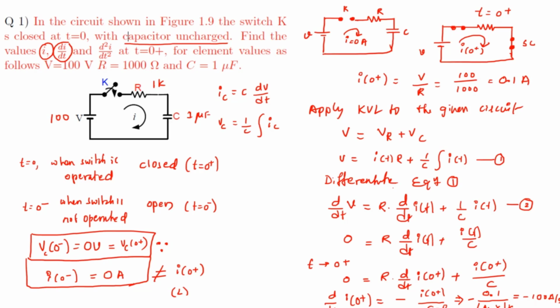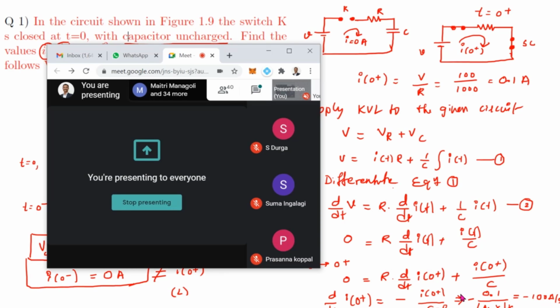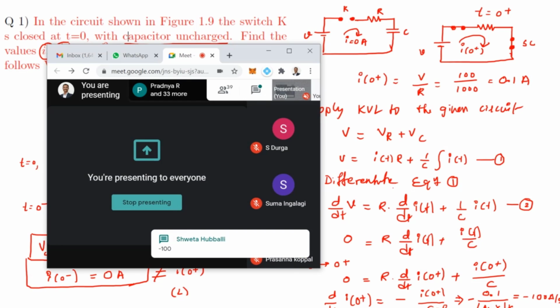Is that right? Can you tell me what this value is? 0.1 divided by 1 micro into 1K, it is 1 milli. So 1 milli, and 1K comes there. So 0.1 into K is minus 100 amperes. So what is the unit here? Amperes per second, because here it is d by dt.